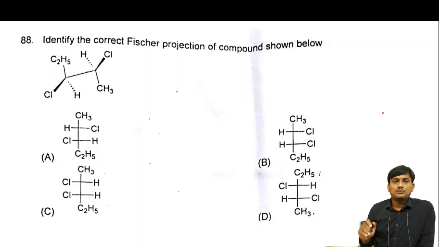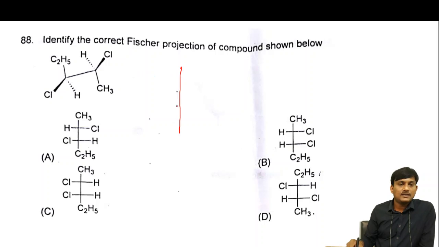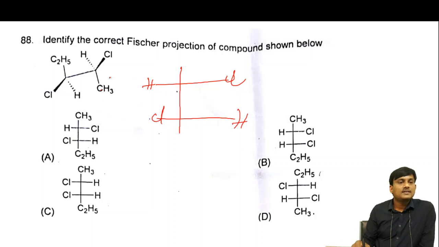Identify the correct Fischer projection of the compound shown below. You have to identify the correct Fischer projection formula. Okay, how can you write the correct Fischer projection formula? Simply you can write like this. When this one is downside, this one is upside. When you write like this, these should be HCl and these should be ClH, and this is at a vertical position, and this is also at a vertical position, C2H5.